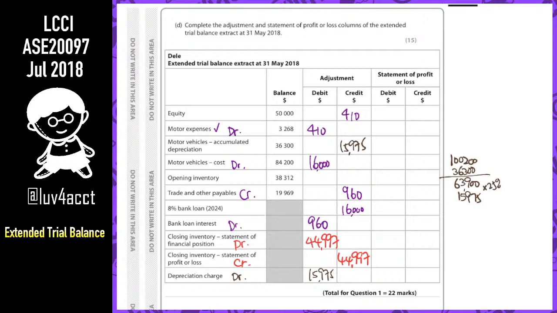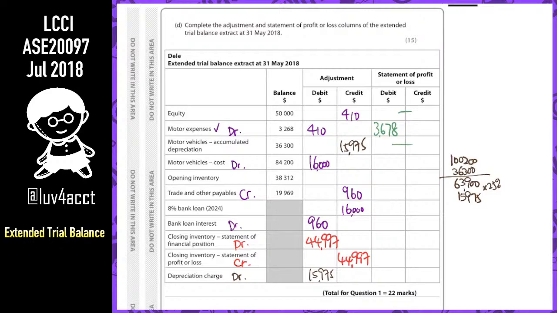We just identify any item that needs adjustment that belongs to the statement of profit and loss. So not for equity, but for motor expenses, 3268 plus this one, 3678.